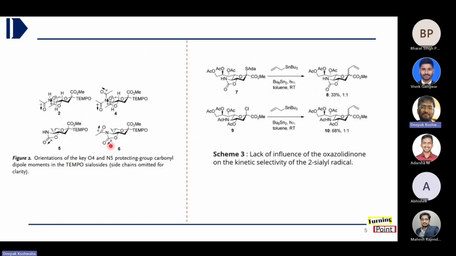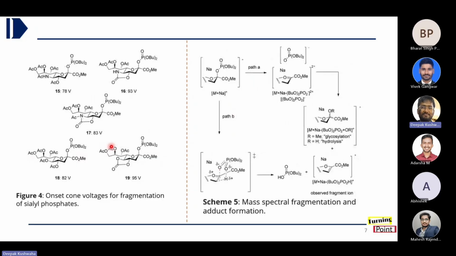Ultimately, if you compare just the protecting groups, what they are showing is that this is the maximum when both are oxygen, as in KDN, the ketodeoxy nonulosonic acid, that is the oxygen derivative. So in this kind of system, this will give maximum selectivity.